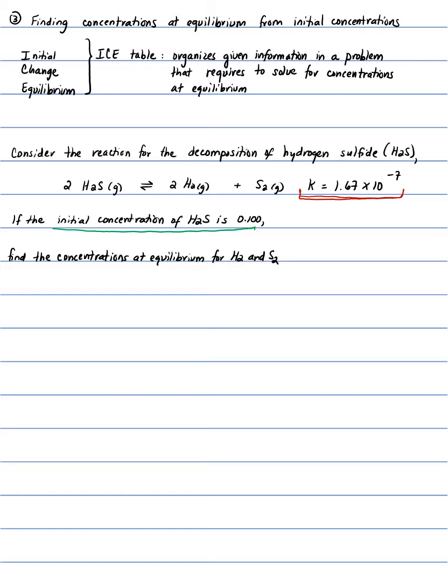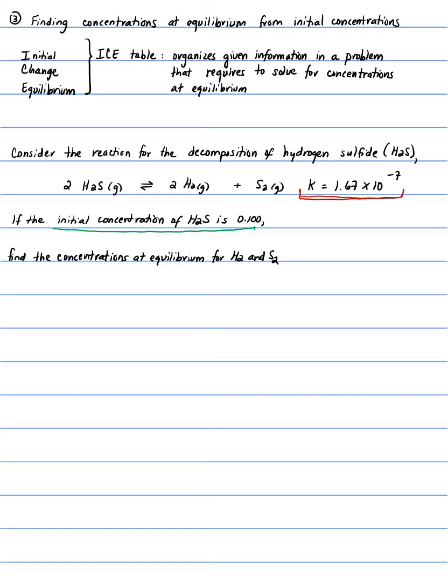Now, the numerical value for the equilibrium constant is actually giving us a lot of information. You have 1.67 times 10 to the minus 7. That number is a very small number.